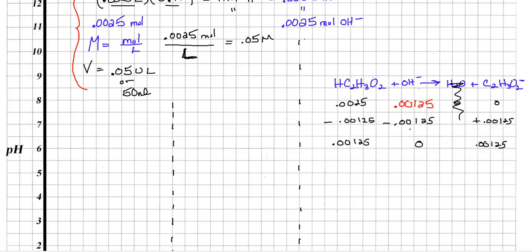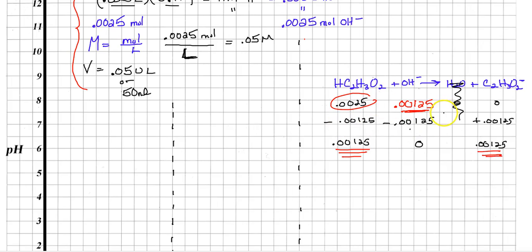And what do we see, party people? When I have this number, which represents half the volume I added at 25, this is the moles that I'm adding. And when I drive it forward, I'm going to wind up having the same amount of conjugate base as conjugate acid.